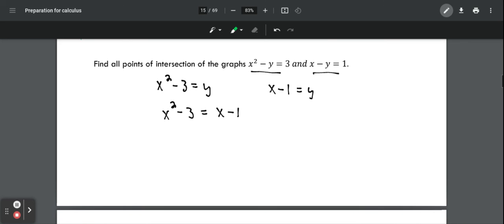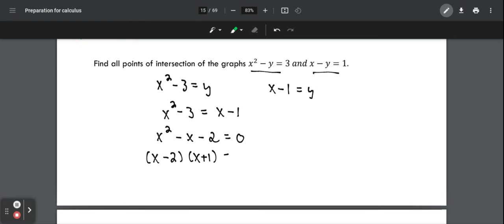Once you set those equations equal, we get x squared minus x minus 2 equals 0, right? Move everything to one side, set it equal to 0, and now you have a quadratic that we could factor into x minus 2 times x plus 1 equals 0. So our intersections are going to happen when x is 2 and when x is negative 1.